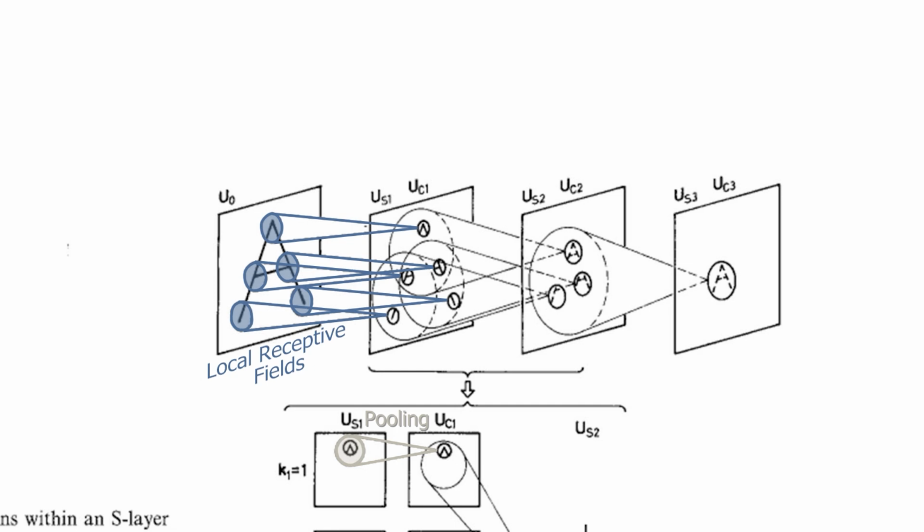And as we go deeper in the network, the neurons at deeper layers are connected to a broader region of the input image, which results in a progressively larger effective receptive field and more complex and abstract recognized patterns. So this was the first stone in what would become the towering structure of modern CNNs. And maybe without it, the AI that powers so much of what we see today might look very different.